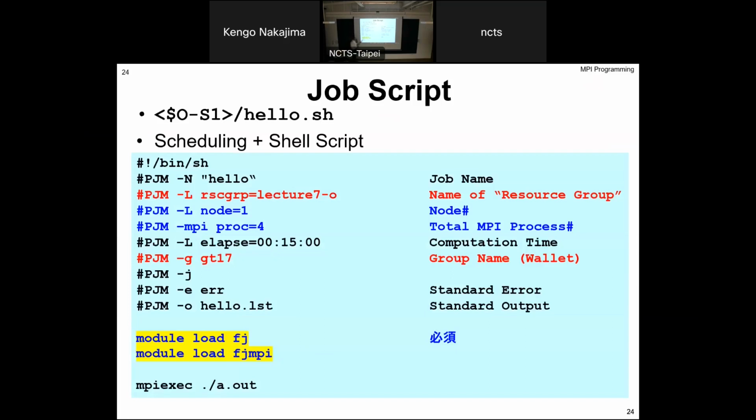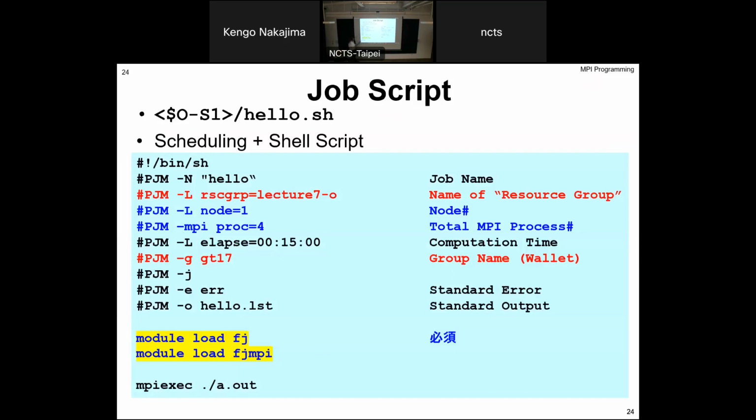Next is elapse, the computation time. For educational users, 15 minutes is the upper limit. This work doesn't take that long, but 15 minutes is the upper limit. This is hour, minute, and second.